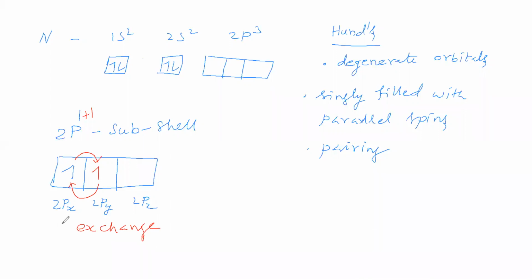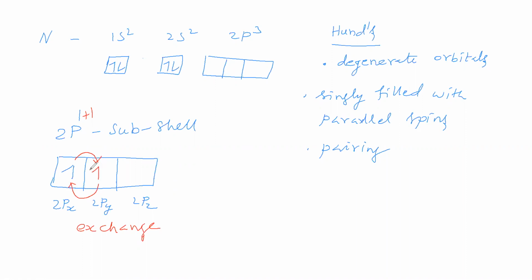Practically, you can see that between neighboring houses during festival time, some sweets are exchanged, and due to that, happiness comes. That is nature. Like this only here also. So the 2py electron goes to 2px, while the 2px electron comes to 2py. That is called exchange. Exchange of electrons is possible.